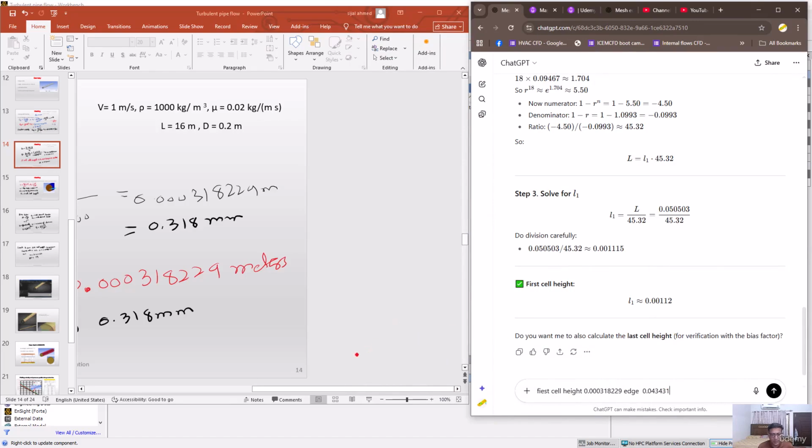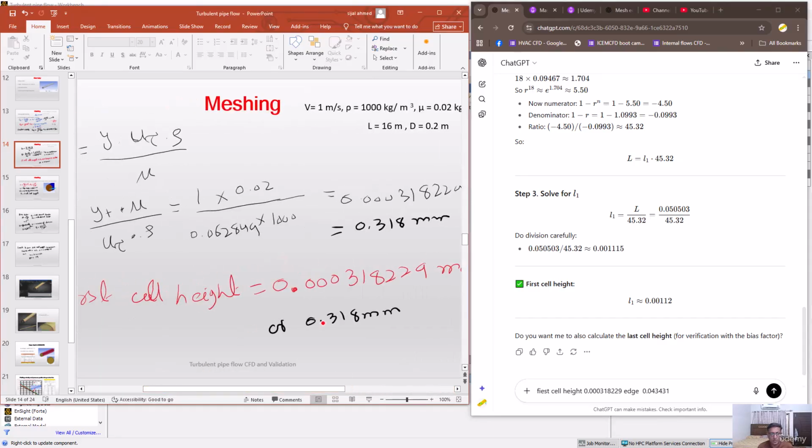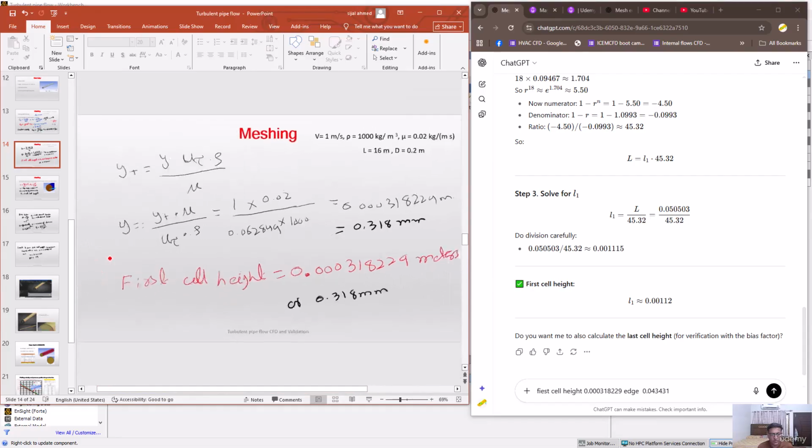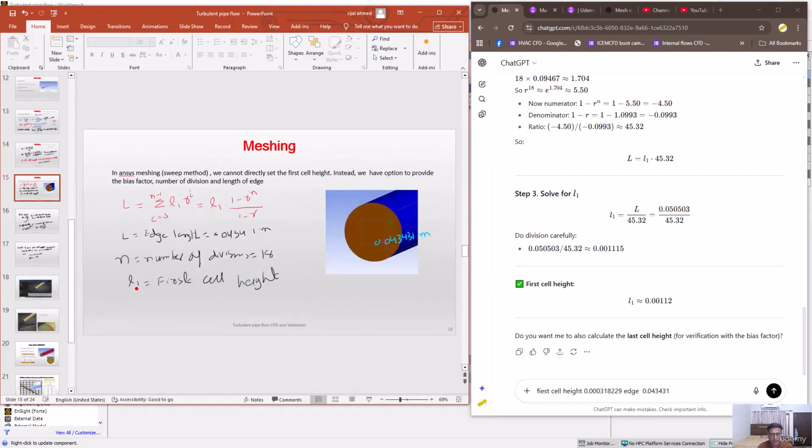I don't know what the optimum biasing factor value should be, but we know in CFD that the growth rate, that is R here, should not be more than 1.2.